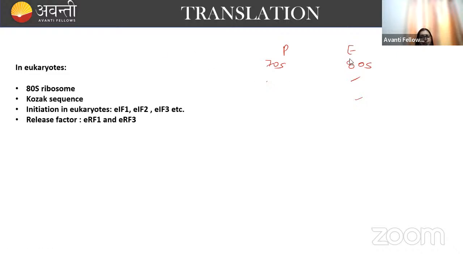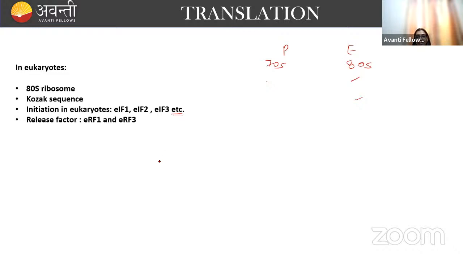eIF1, eIF2, eIF3, and eIF4G, and so on. You don't have to remember these factors, but just try to understand the concept. Don't memorize these factors.